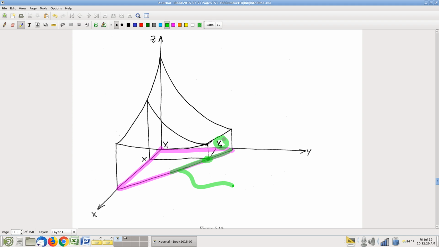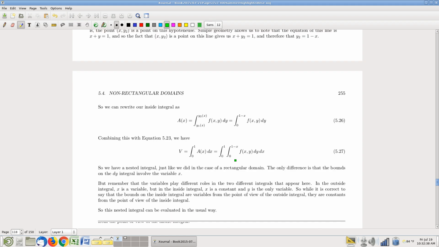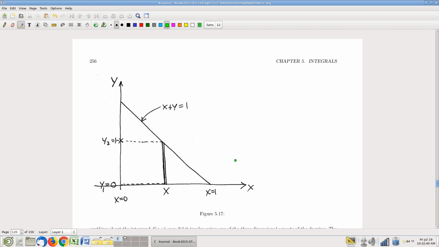So let me show you that same argument again about how to find the upper bound and the lower bound, just on a much simpler picture. Instead of this great big ugly three-dimensional picture, you could do it all here. Here's our domain. It's this triangle in the xy plane. Same exact triangle.